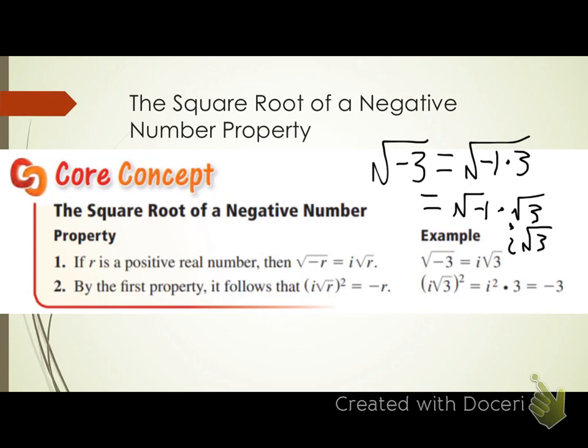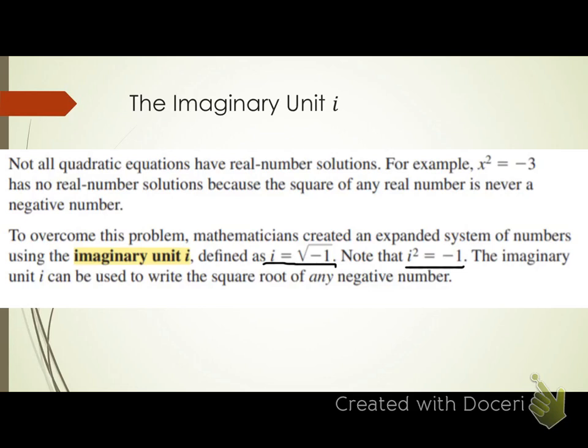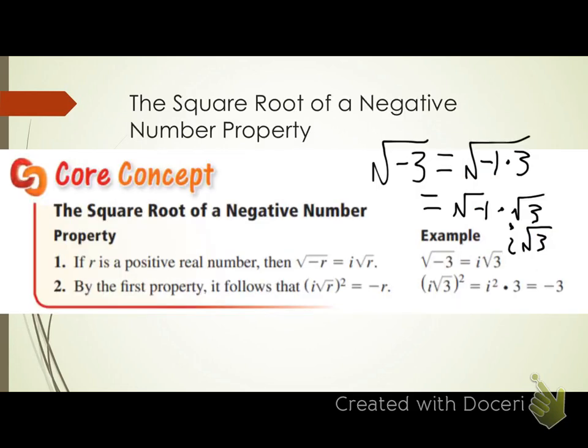There's a property of square roots that says if I have two numbers multiplied under a square root, I can split them into their own square roots. And based on what we've learned about imaginary numbers so far, the square root of negative 1 is I. So it just becomes I times the square root of 3, because the square root of 3 is not a nice whole number. So I just leave it as the square root of 3.